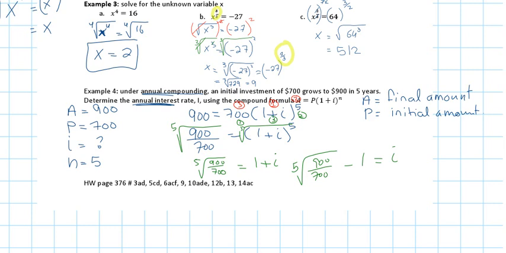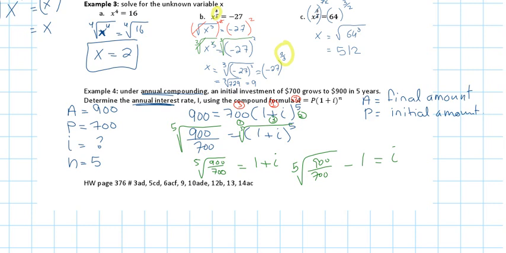So we're going to do the fifth root of... okay, did you subtract 1? No, and did you do the fifth root? No, just wait. So for the fifth root, you have to do shift and this button, and then put 5 here.